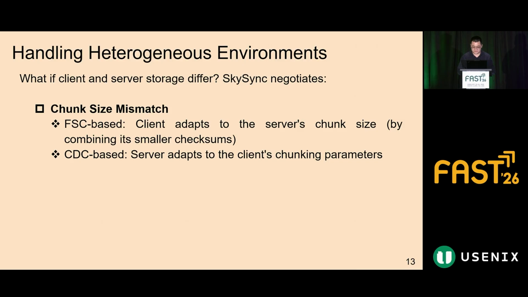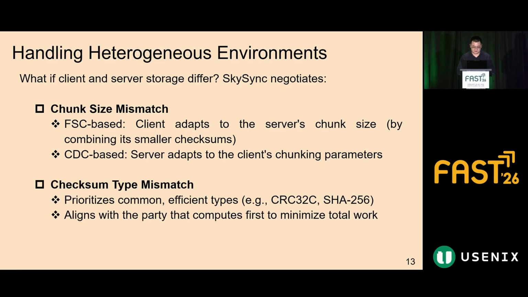When using fixed-size chunking, the server always sends the checksum list first. Therefore, the client adapts to the server's chunk size. If the client has smaller chunks, it simply combines its smaller checksums to match the larger chunk size of the server. On the other hand, when using content-defined chunking, the client splits the file first. In this case, the server adapts to the client's chunking parameters.